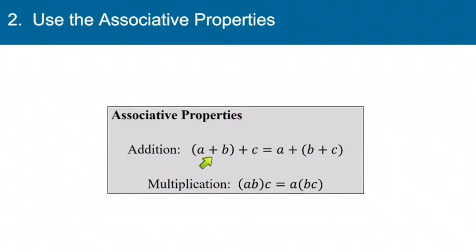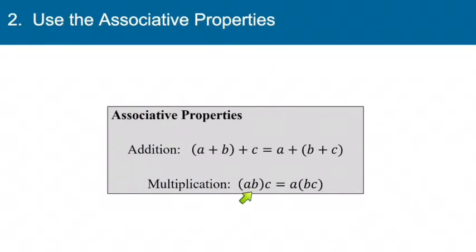And notice that the order of the numbers does not change when we have the associative property, because if the order changed, we would be throwing in the commutative property, and we don't want to do that right now. So this is the associative property of addition, and then the associative property of multiplication is the same thing, but for multiplication.